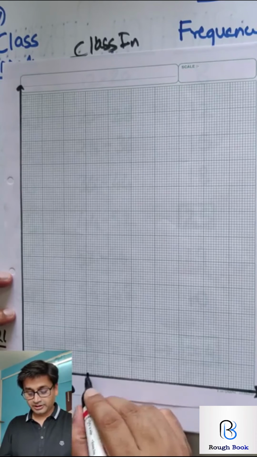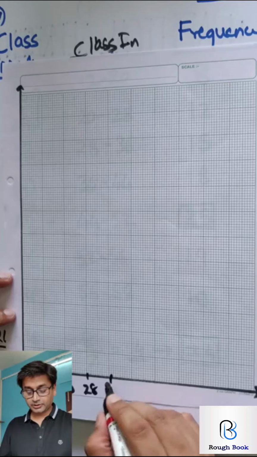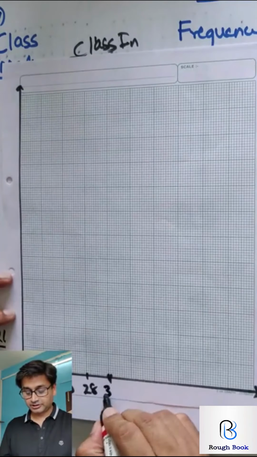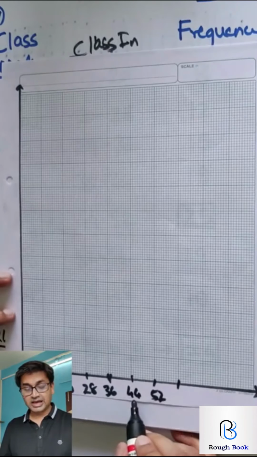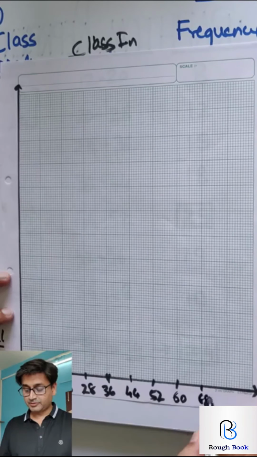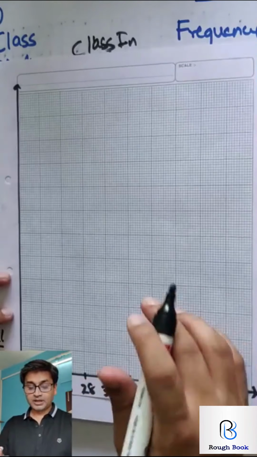Very good. 20 to, next one 20 to 28. Then 28 onwards, what was it? I don't remember. 36, 44, 52. See, there is a gap of 8. So 52 plus 8 would be 60. And 60 plus 8 would be 68. I think the last one was 68 only. Yeah, it is. Okay.